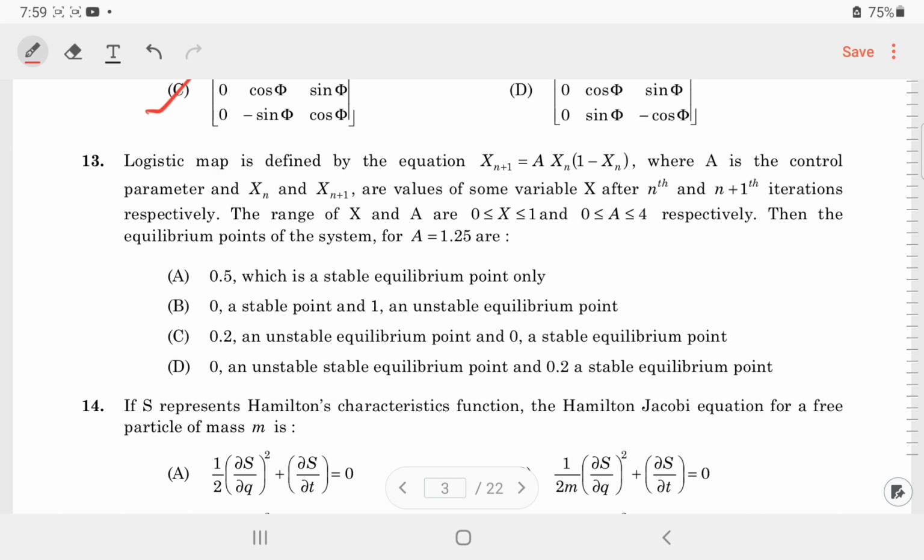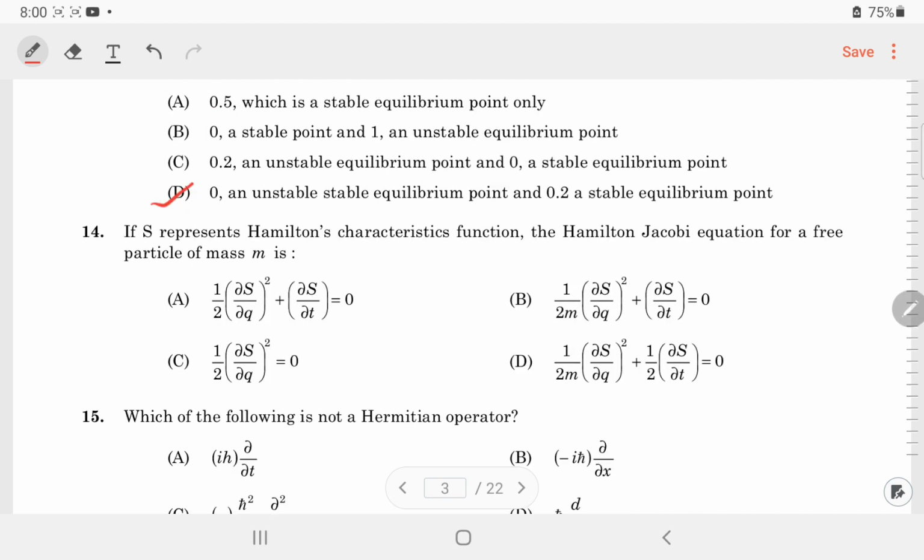The ranges of x and a are 0 less than or equal to x less than or equal to 1 and 0 less than or equal to a less than or equal to 4 respectively. Then the equilibrium points of the system for a equal to 1.25 are. The answer is option D, that is 0, an unstable equilibrium point, and 0.2, a stable equilibrium point.